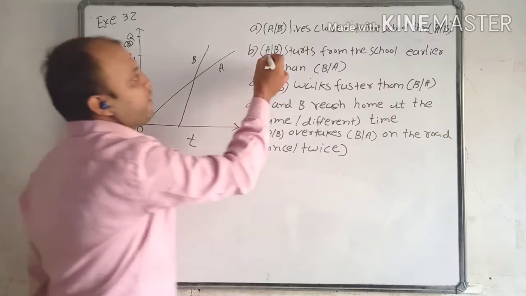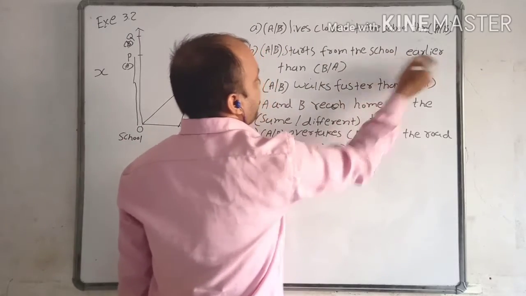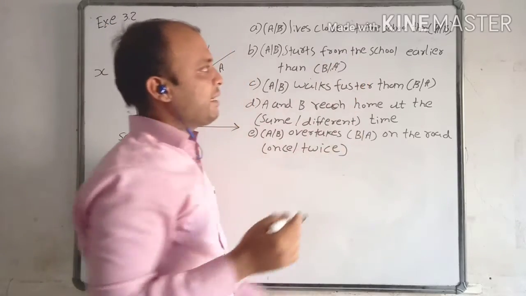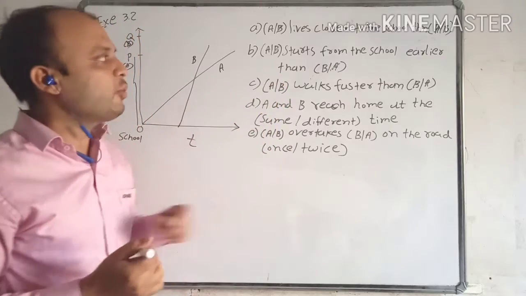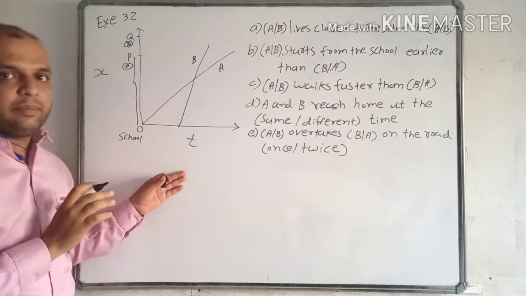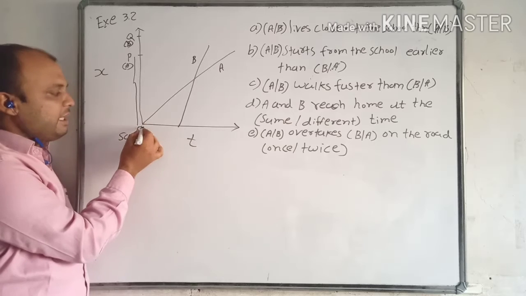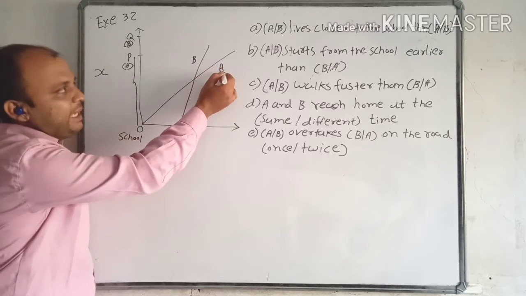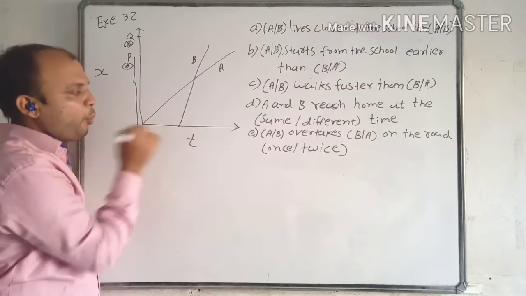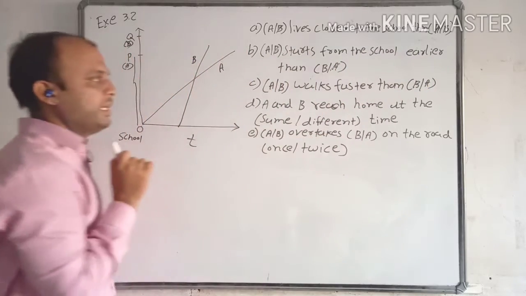A. So A starts from the school earlier than B. In the second condition they are asking about time, so we only check the x-axis, where we take time as the quantity.